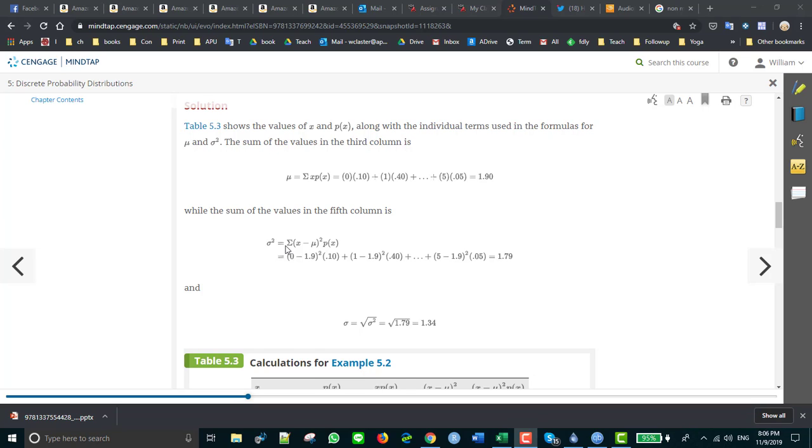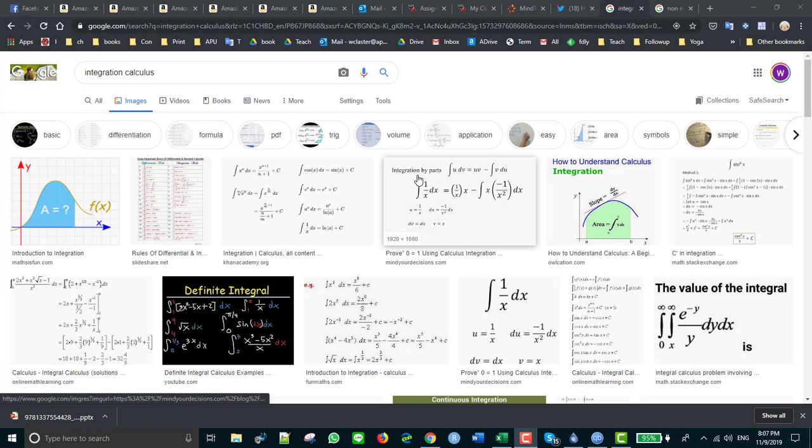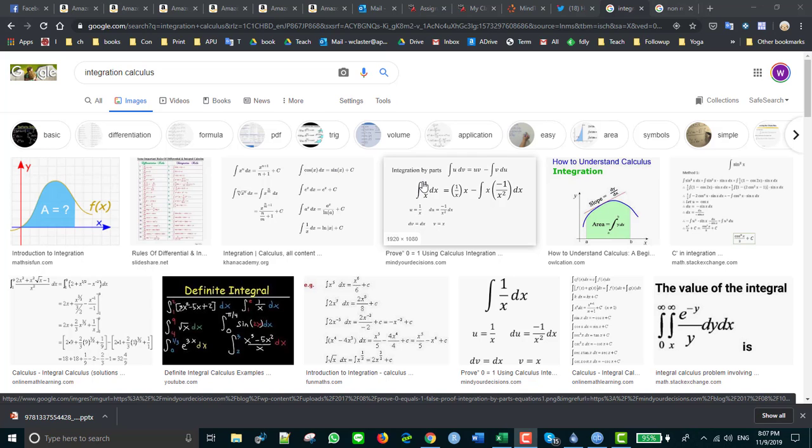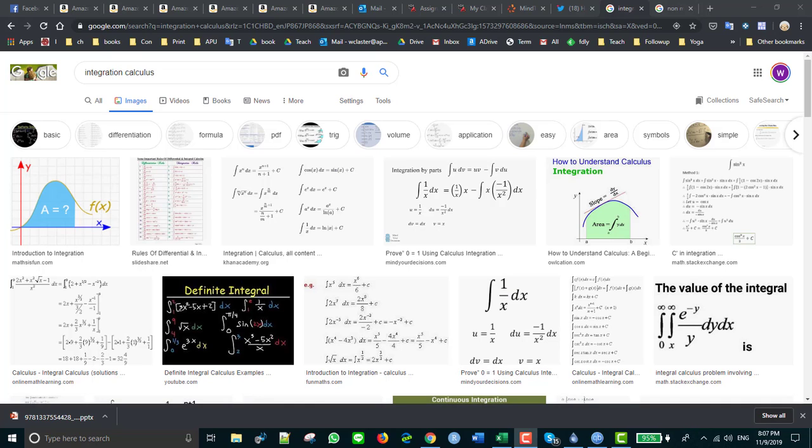But when you have a continuous random variable, you have to use calculus, and if you've studied calculus, you need the integral instead of sigma. So a symbol like this, instead of sigma, we would use this. We're not going to have to deal with this, but that's what you would do if you had a continuous random variable. The concepts are just the same.